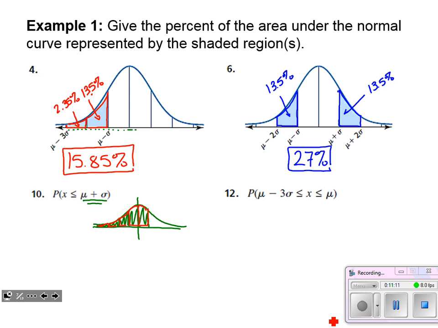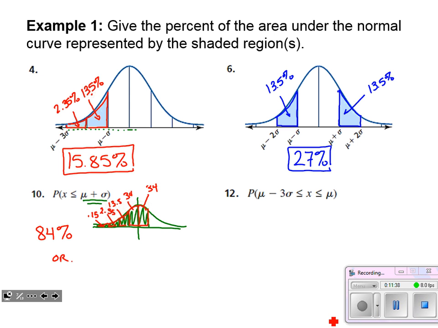Wow. Okay, so I would take 34% plus 34%, plus this one would be 13.5, plus this one would be 2.35, and this one would be 0.15. And if we total all that up, we get 84%.